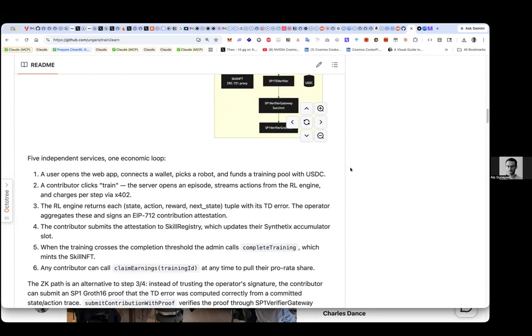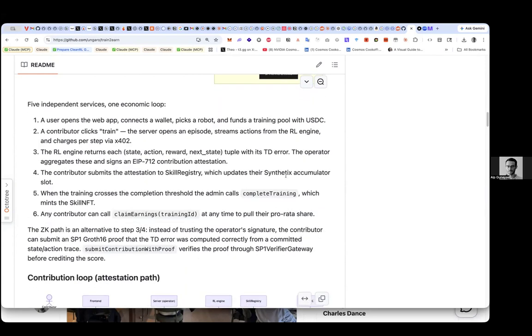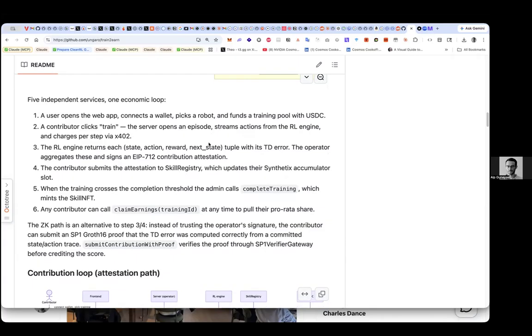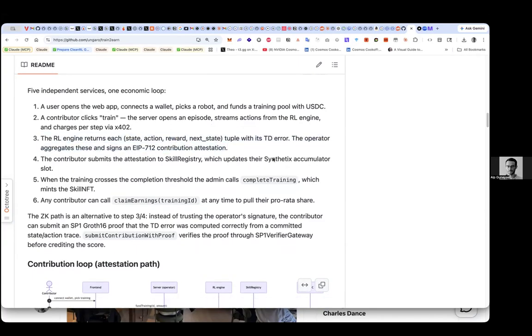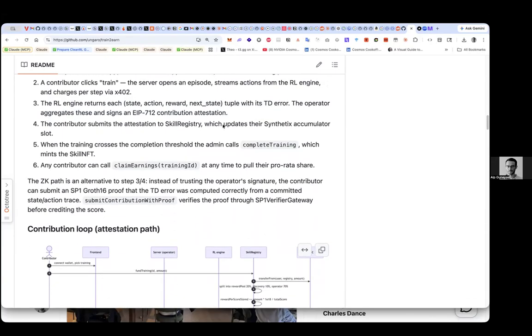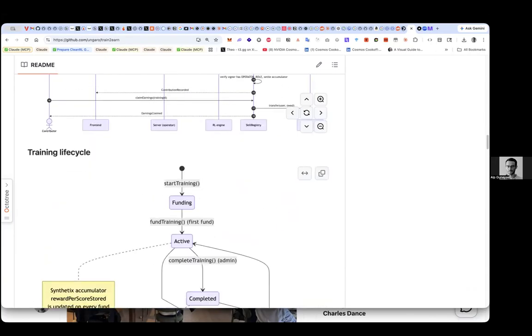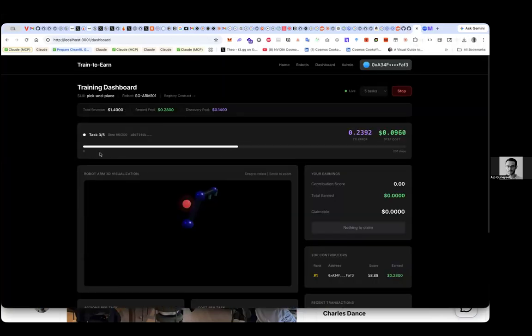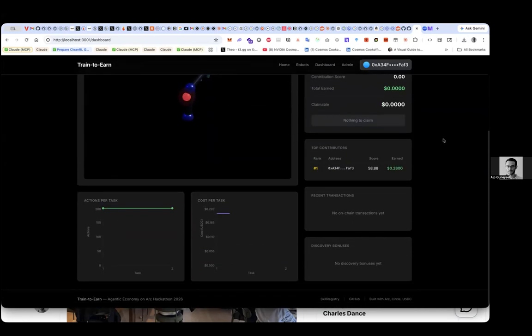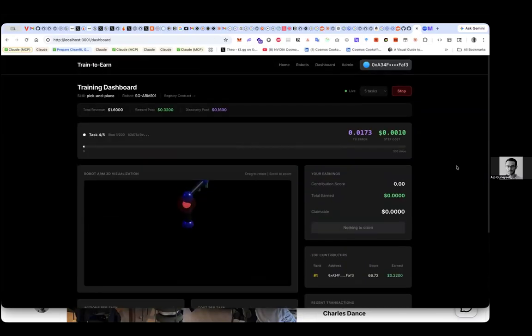So it's kind of a lottery: the early users who train the robot earn an NFT, and on top of that, if there is a big TD error, their NFT is special. In the end, you pay maybe $1 or $2 and contribute to the training of the robot, and then you get an NFT, and whether you had a TD error in your training depends on the NFT type.